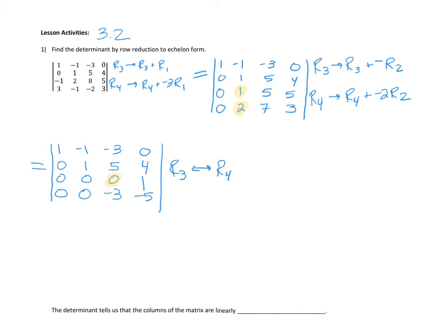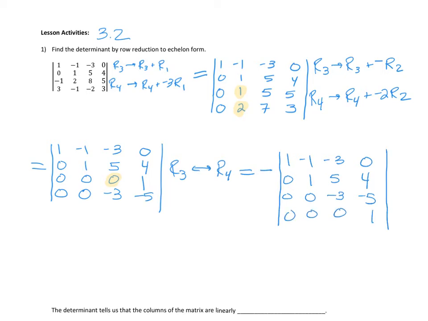Now this changes the sign of the determinant. So I'm going to write equals the negative of what I get when I make this swap. And then 0, 0, 0, 1.